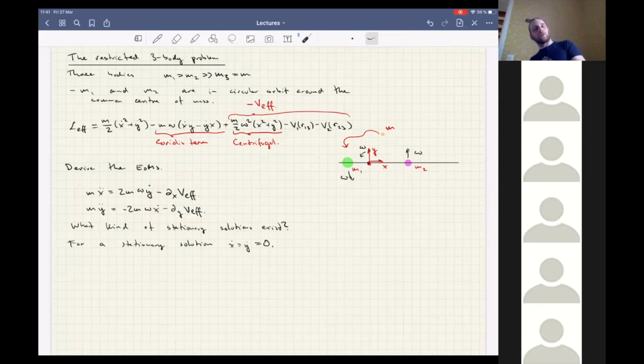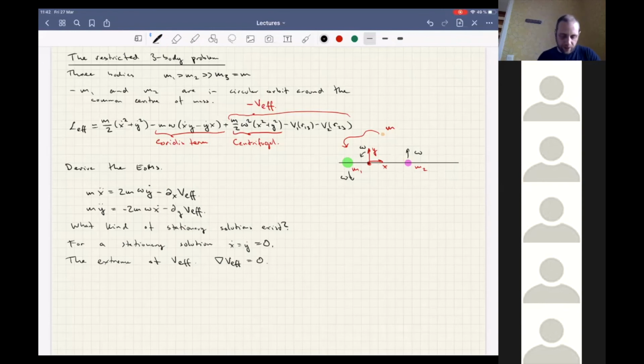We're going to look for the extrema of the effective potential. So when does that happen? The extrema of V effective: that's just taking the gradient of the effective potential equal to 0.